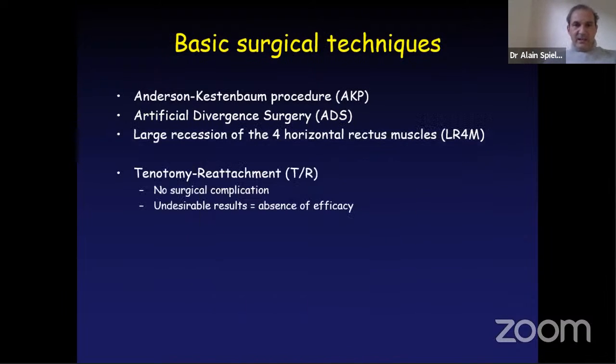The last technique is tenotomy and reattachment. I don't have a lot of experience with this technique, so I will not talk a lot about it. I suppose there is no surgical complication, and the main undesirable result could be the absence of efficacy.